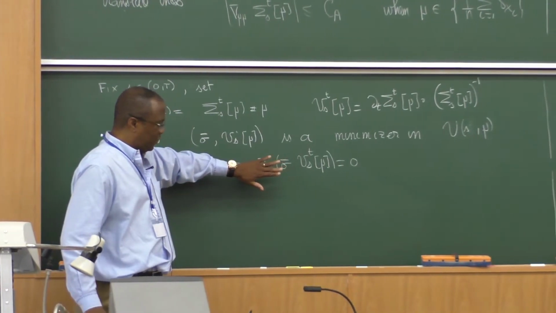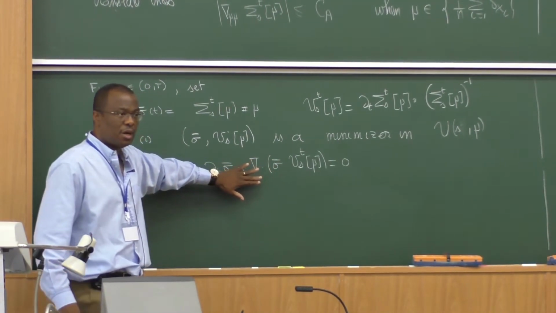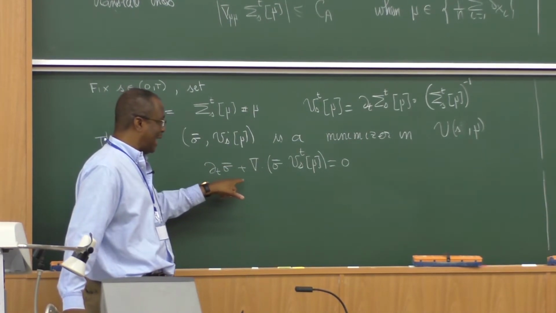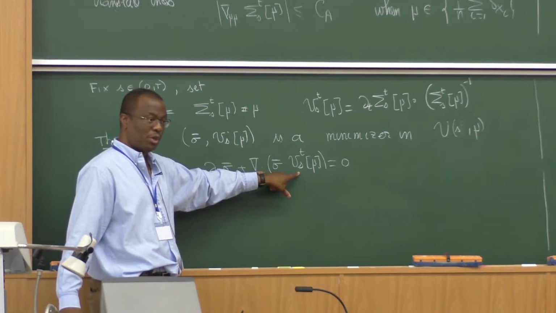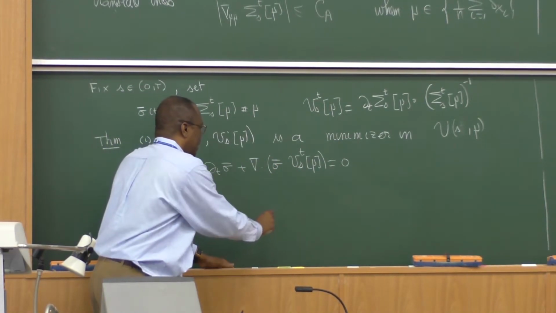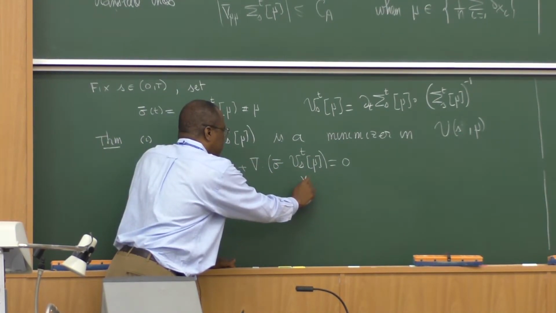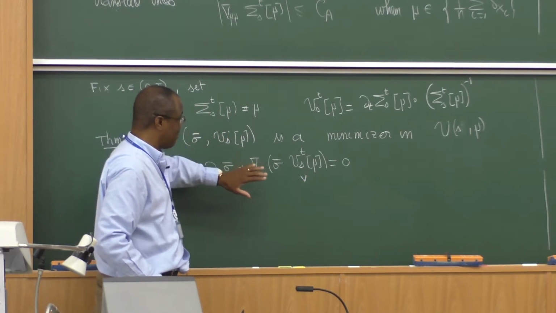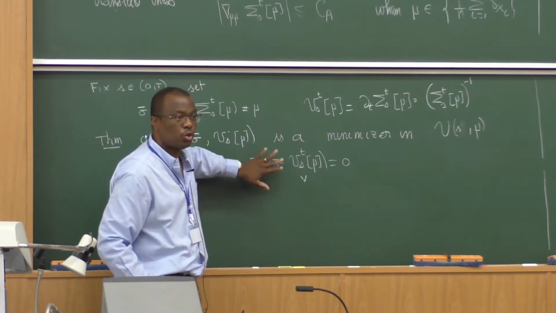Now, here is an important observation. I have my sigma bar. I have a V that is admissible. I can replace it by another V. If you give me this, there are several V which are solutions to that.